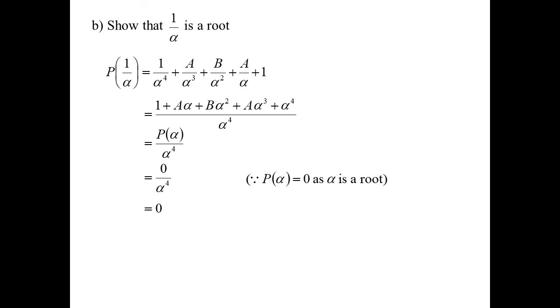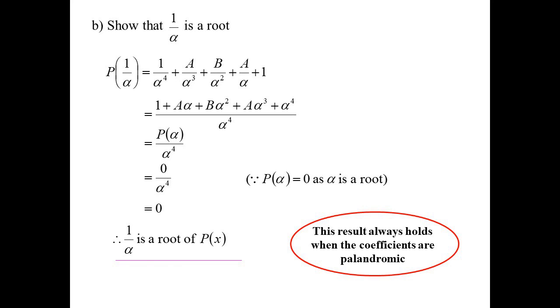Oh, in that case, polynomial 1 on alpha equals 0. So if alpha is a root, so is 1 on alpha. Now that's interesting. And in fact, that will always be true if the coefficients are palindromic. That'll always happen. If alpha is a root, 1 on alpha will be a root as well. So that's what we've just shown.